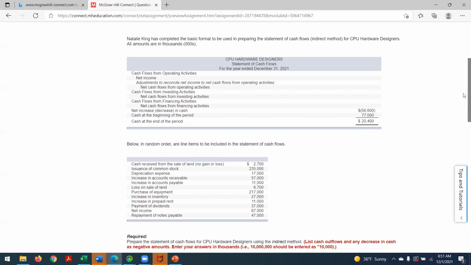Okay. So we know that cash received from the sale of land, no gain or loss, will not affect our operating section. We only adjust it if there's been reported a gain or loss that affects our net income.